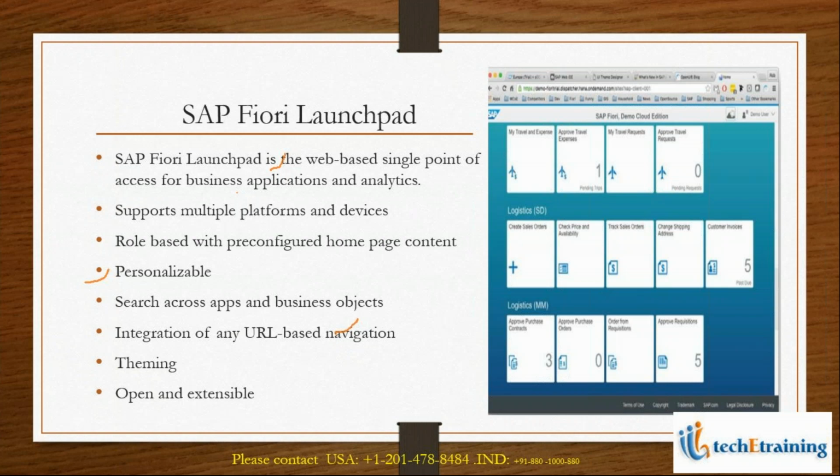The tile depends on the role; if you have that role, the tile loads. Once the tile is loaded, it targets the required application, which then executes. So this is the Fiori Launchpad.